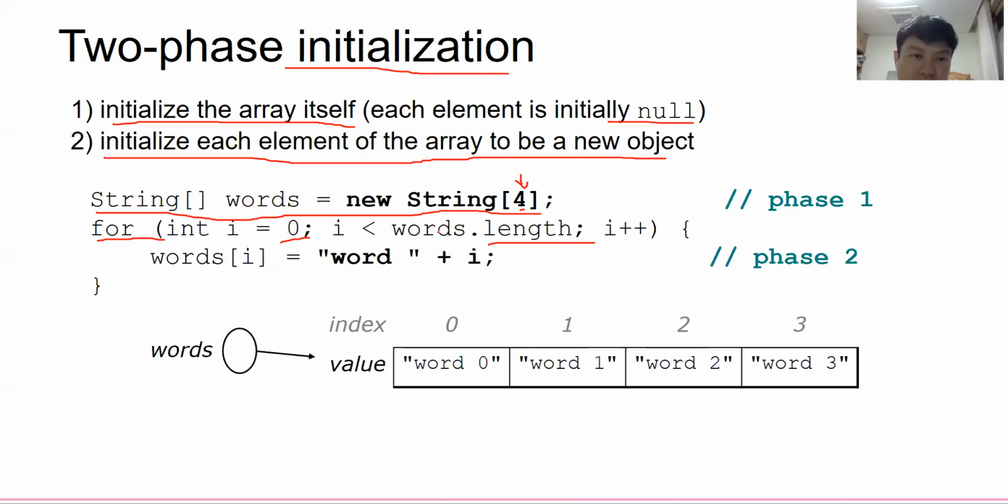For every words[i], I put a word. This is just for the initial value: word 0, word 1, word 2, word 3. Once you have these initial values, there's no problem. You can do your stuff, and whenever you call your methods, it will not go to error.